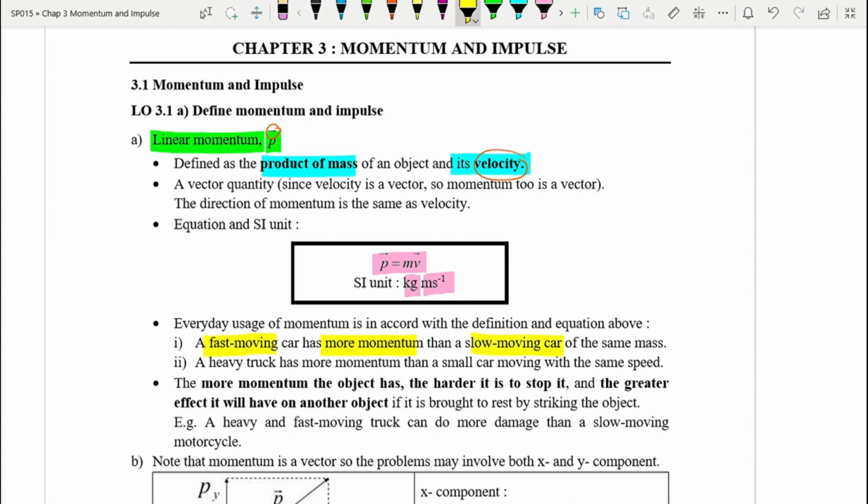Of course, the car that moves faster has a greater speed, so it will have greater momentum. And the second example, a heavy truck has more momentum compared to a small car. The heavier truck, because its mass is higher compared to the small car, will of course have more momentum.